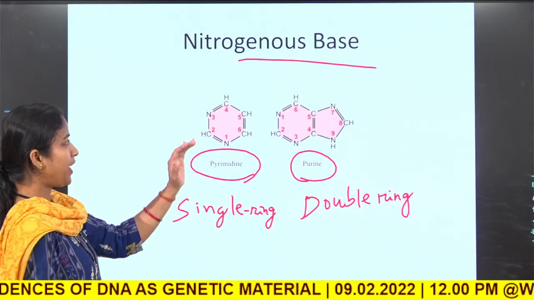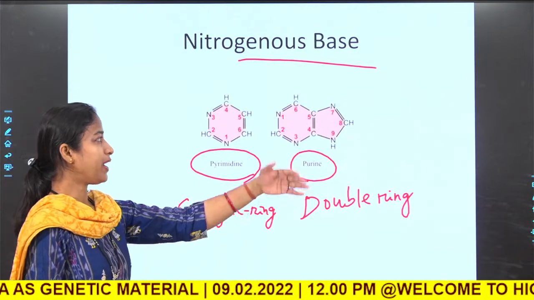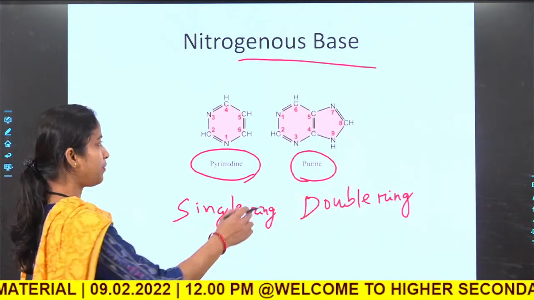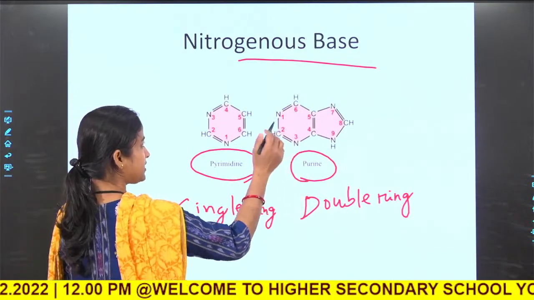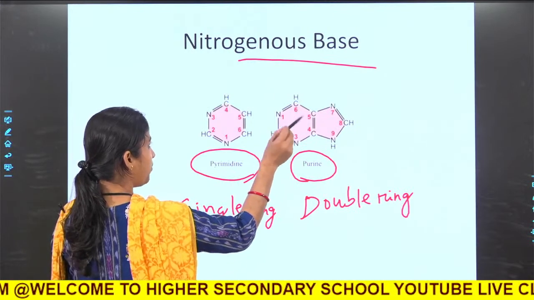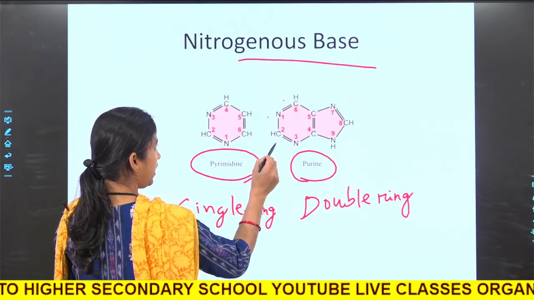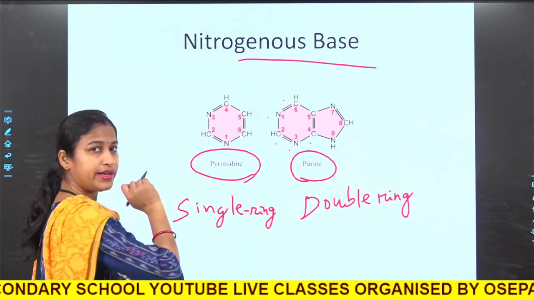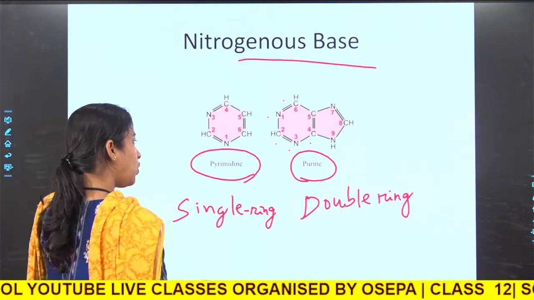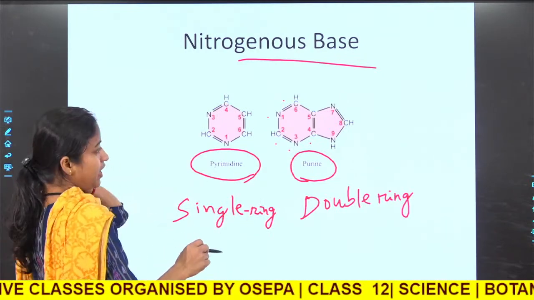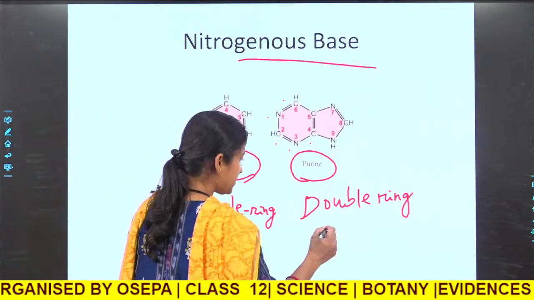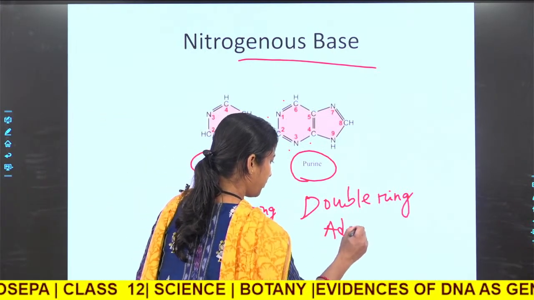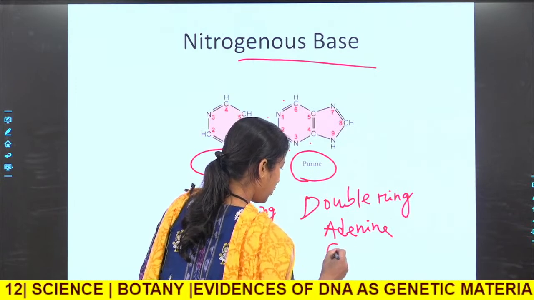They are numbered like this. They are cyclic in nature and composed of carbon and nitrogen in an alternating form. So, the purines and the pyrimidines. Now, what are the purine nitrogenous bases? Adenine and guanine.